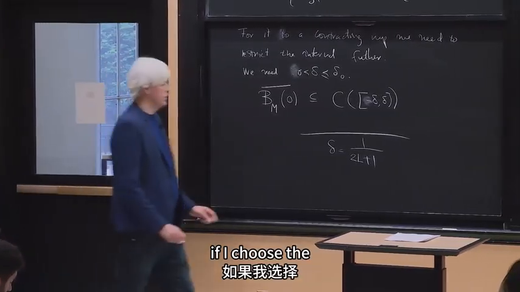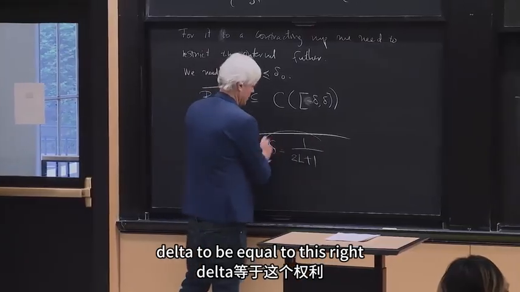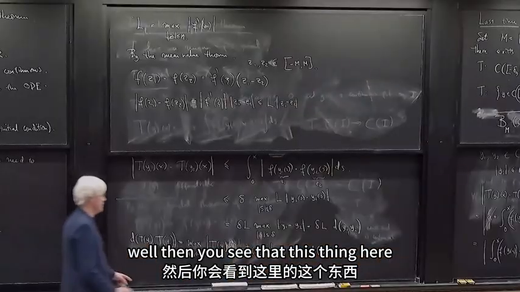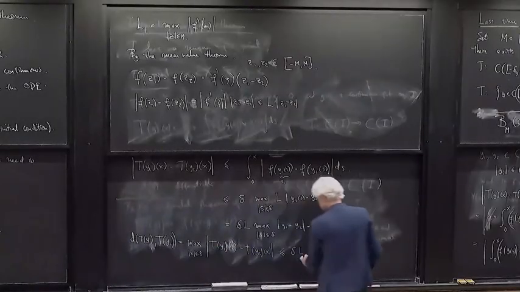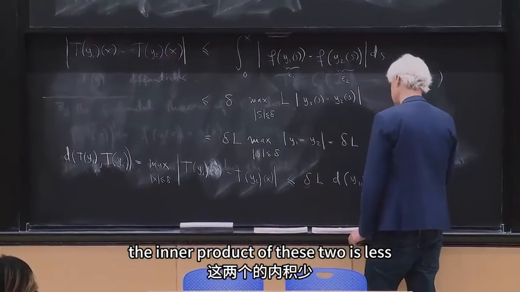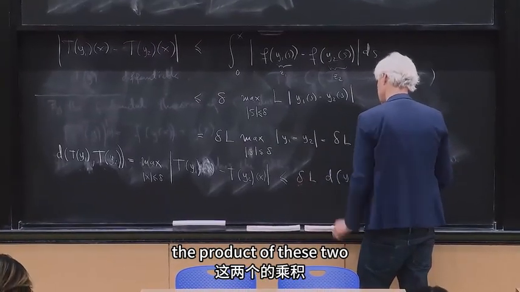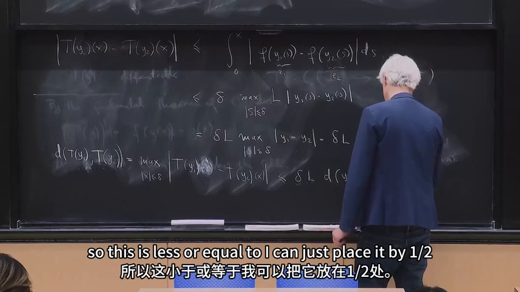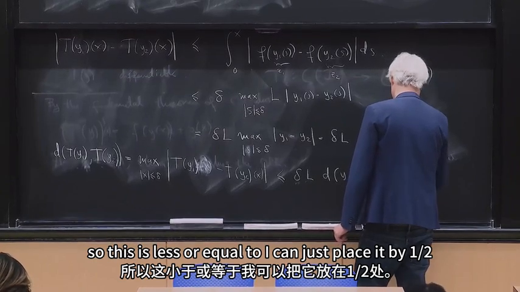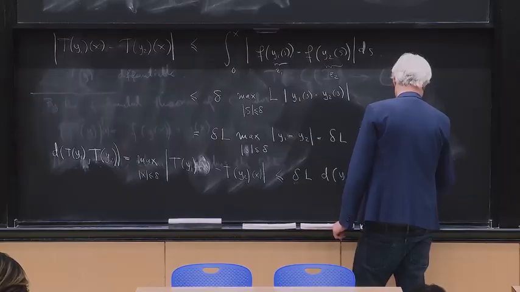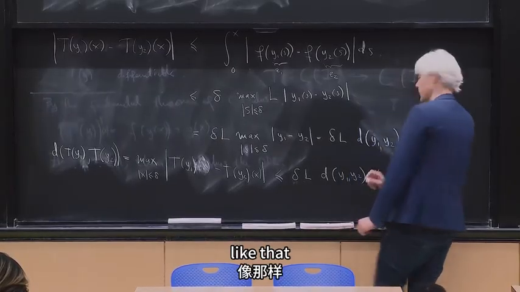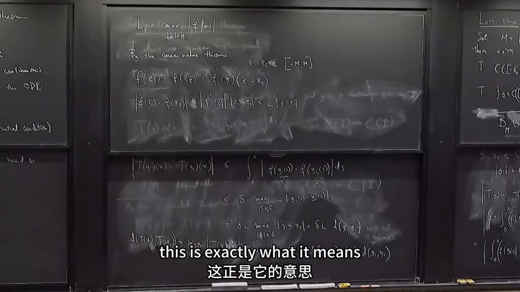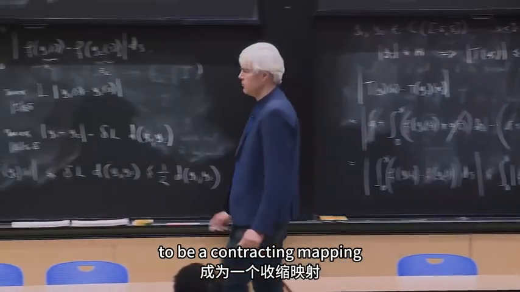If I choose delta to be equal to this, well, then you see that the product of these two is less than a half. So this is less or equal to, I can just replace it by a half. Like that, right?